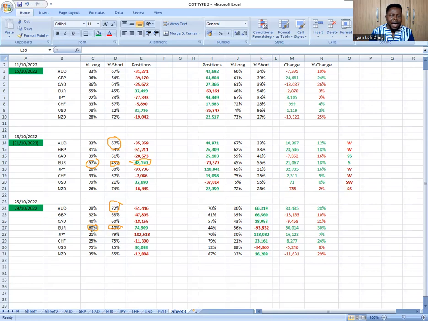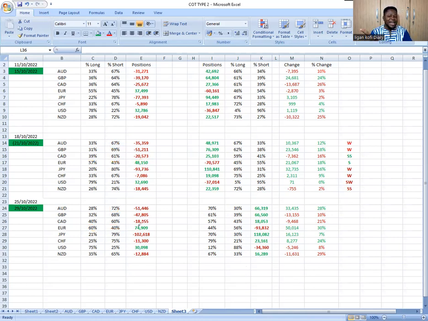So what will be the signal? It will be a buy. Do you get a catch? So we have gotten one signal here, Euro AUD buy, according to the COT report. Good. Let's look for one more.